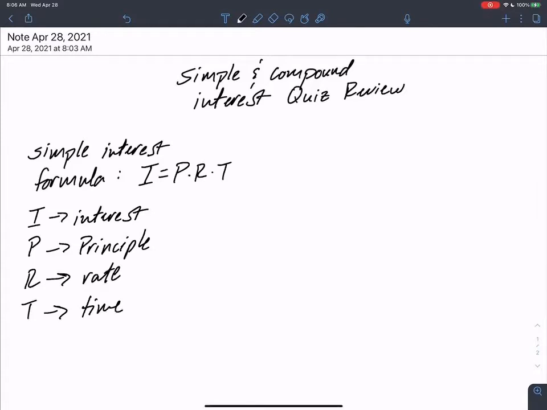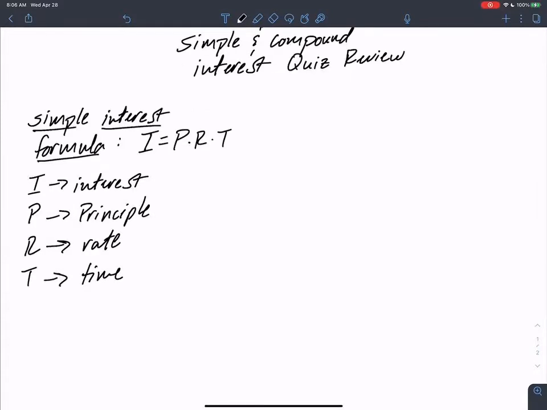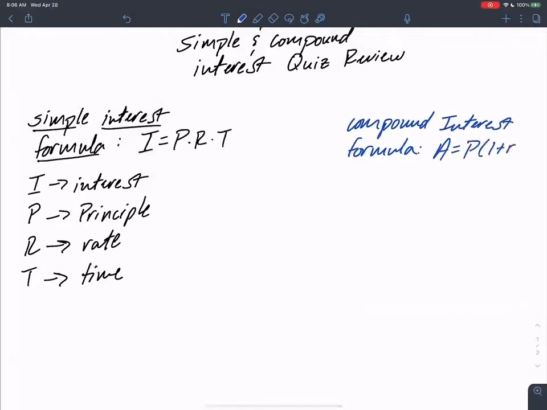Okay? And likewise, we need to know the compound interest formula. So the compound interest formula is A equals P times 1 plus R to the T power.